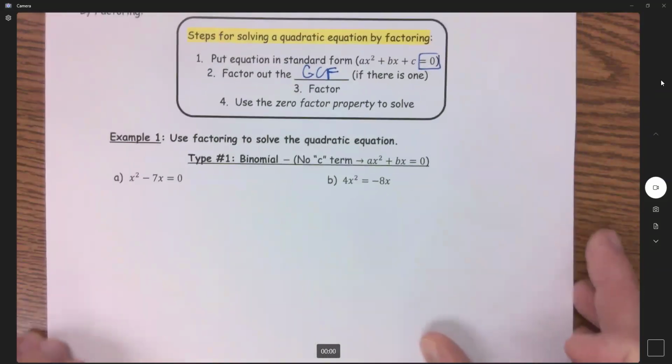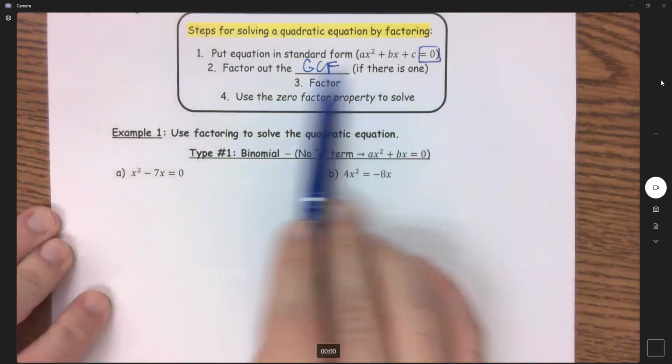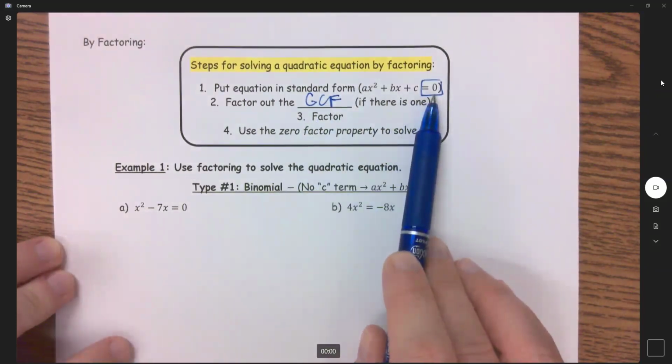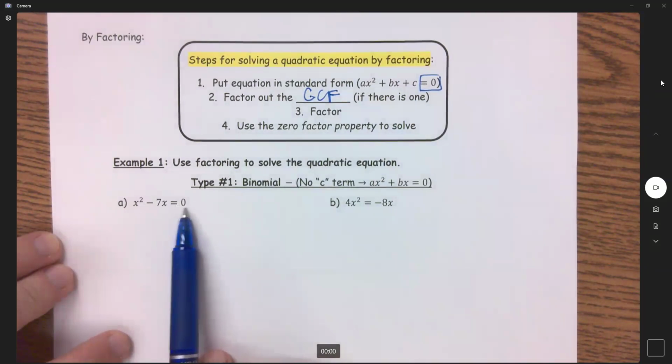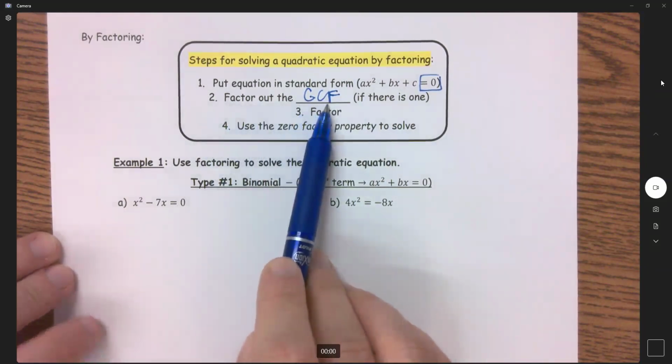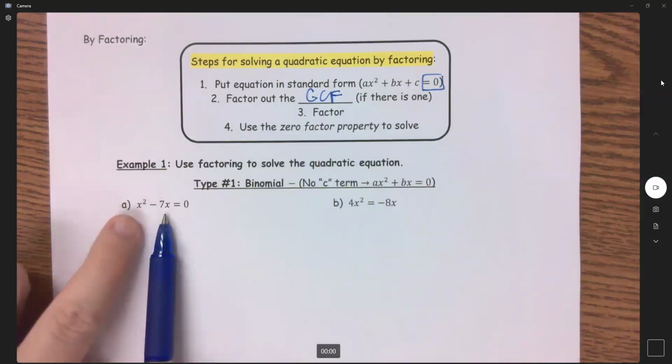So going over the first binomial where I have no c term, following these steps here, the first thing I want to do is ask, is this in standard form? Well, yes, because it equals 0, so that's good. So the next thing we need to do is factor out the GCF. So what is the biggest common factor that, in this case, both of these 2 terms have?